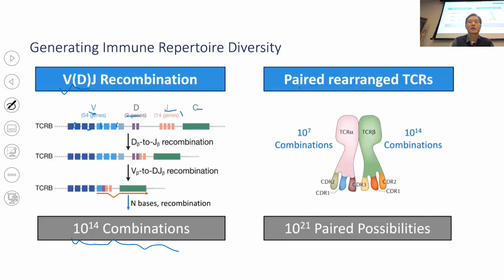And also because they are paired, because each T cell receptor has alpha and beta domains, each beta domain has 10 to the 14 combinations, the alpha domain has 10 to the 7. So combined, you have 10 to the 21 pairs of possibilities to give you the foundation of a large variability of the T cell receptors.